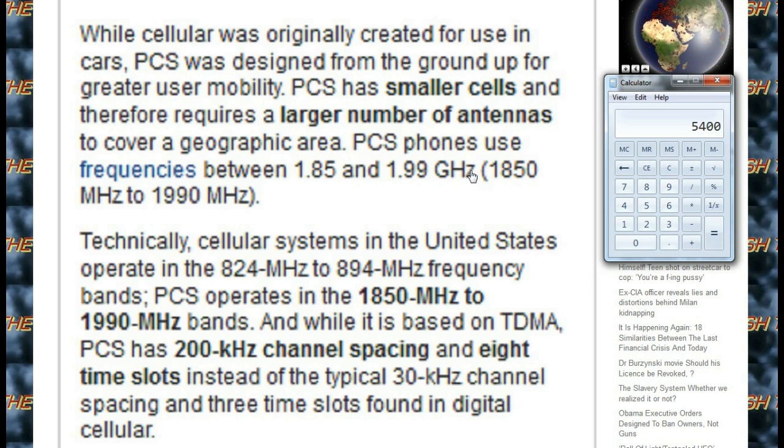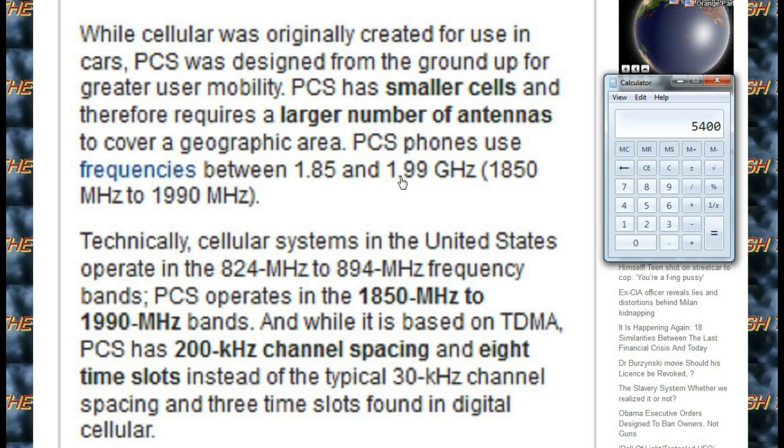But 1850 is megahertz to 1990 megahertz. Now, this reads gigahertz, and this is megahertz. In megahertz, the dot will be here. In gigahertz, they move the dot to here.